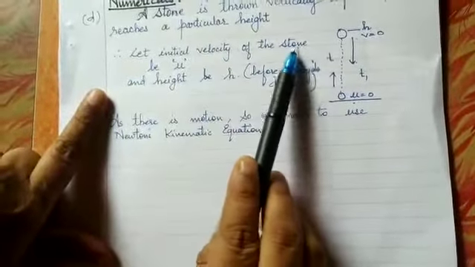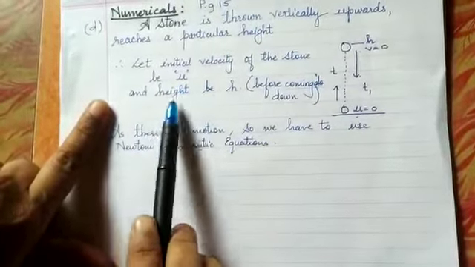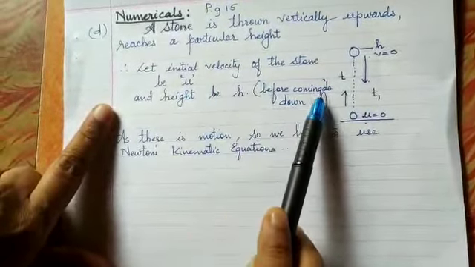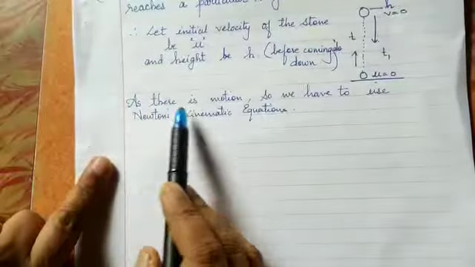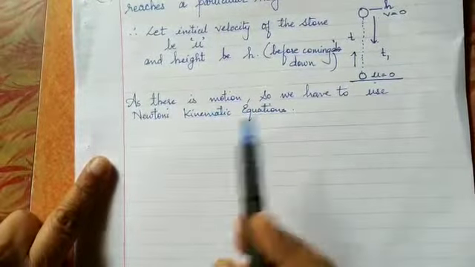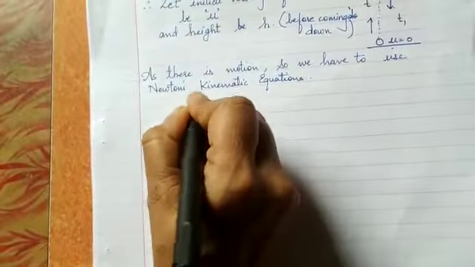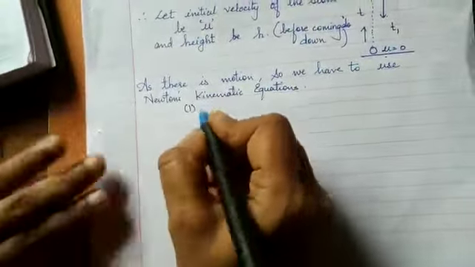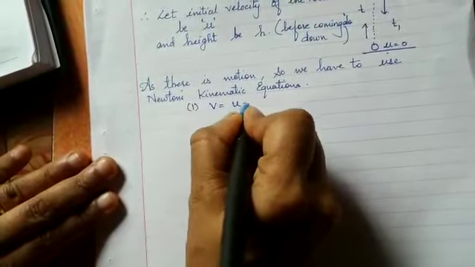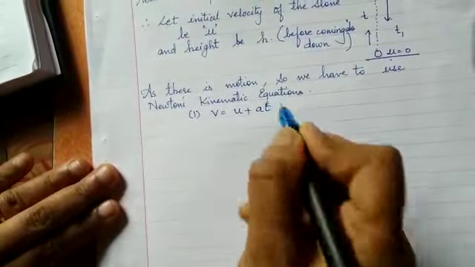Let the initial velocity of the stone be u and the height be h before coming down. As there is motion, so we have to use Newton's kinematic equations. Three Newton's kinematic equations. First equation is V is equal to U plus AT.